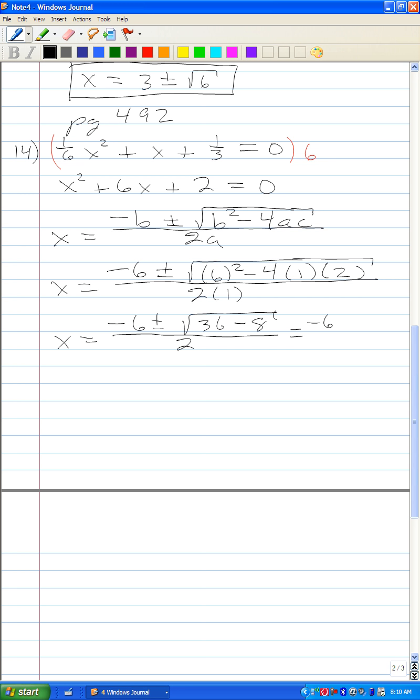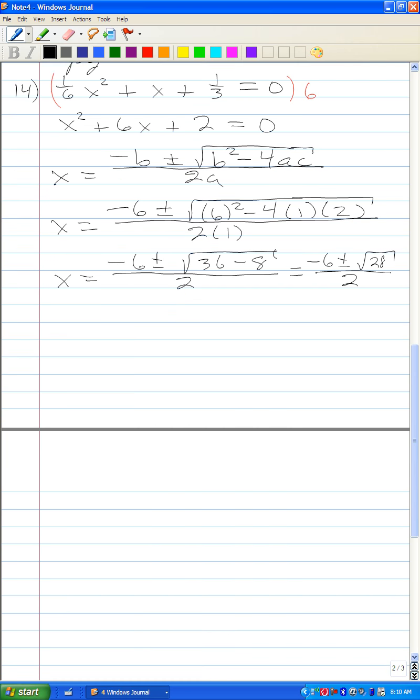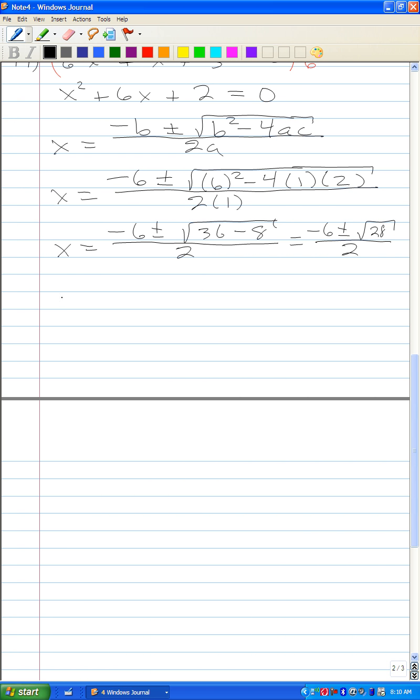And so 36 minus 8 is 28. Let me rewrite 28 as 4 times 7. The square root of 4 is 2.